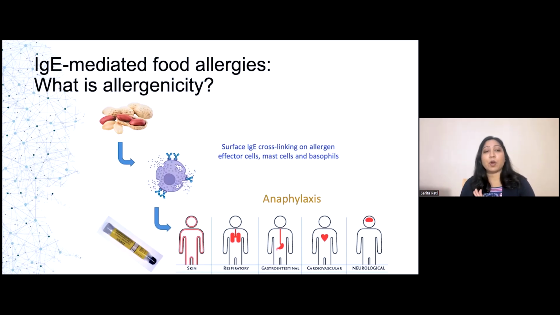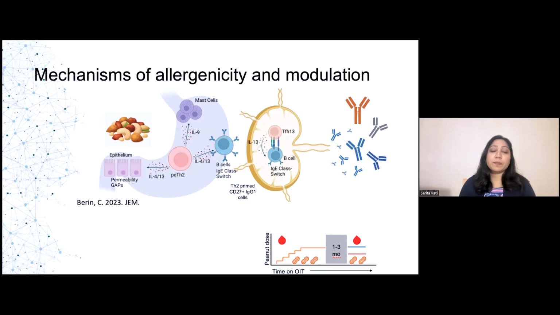And for the longest time, our only remedy was to suggest avoidance, and in the case of an accidental exposure, the use of epinephrine, which can stop the anaphylactic shock.